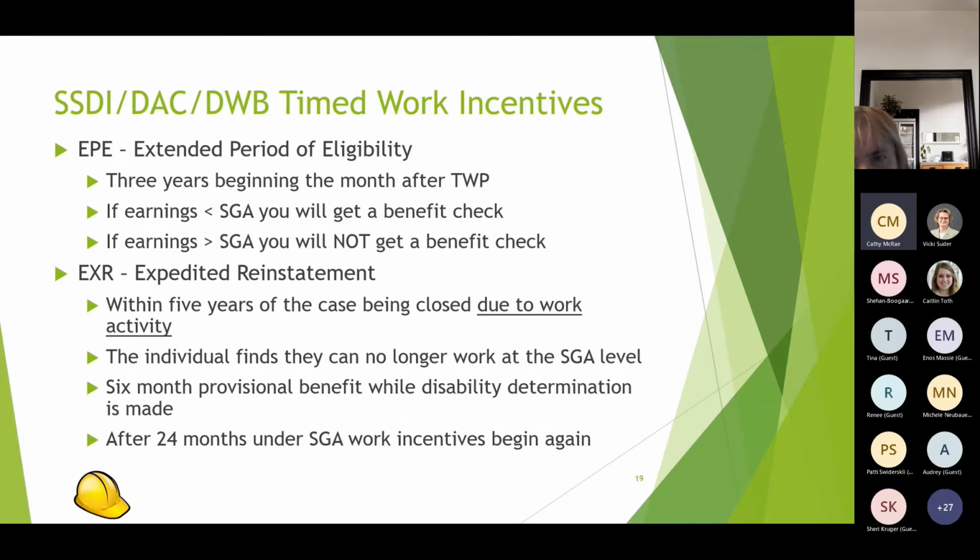You have 5 years from the time that your case is closed due to work activity to file for expedited reinstatement. So let's say you're working, you're doing fine, and then, 3 years from the end of your trial work period, you find that you can no longer sustain that same level of work activity, and you need to either go down below substantial gainful activity because you can only work a couple of days a week, or you can no longer work at all.